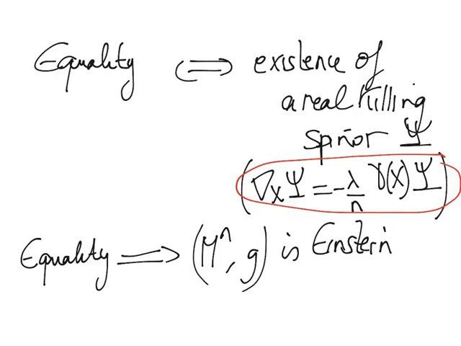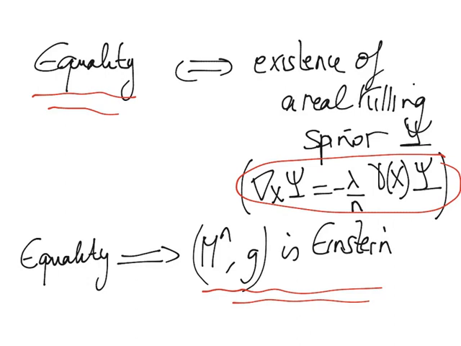For example, here the existence of a Killing spinor will automatically imply that the manifold is Einstein. I'm going to prove the Friedrich inequality, and I will try to characterize the equality case and prove that in such a case your manifold is Einstein.